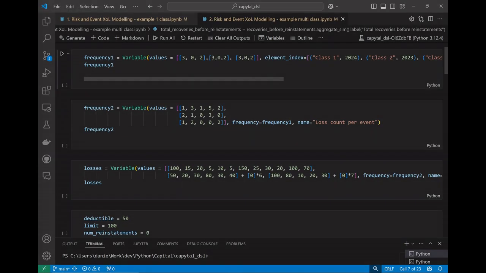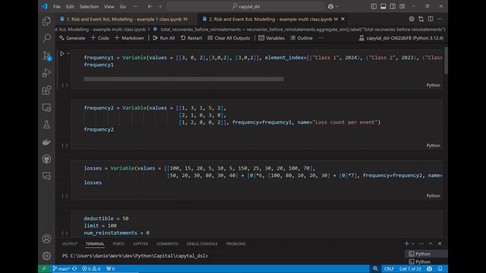So that was deliberately quite a simple example with only a single class of business. We started looking at that really just to focus on the difference between the granularities of the loss amounts.